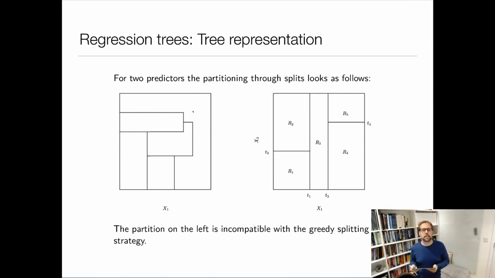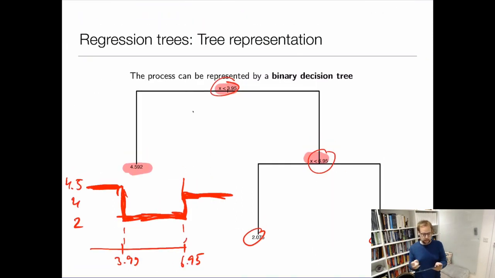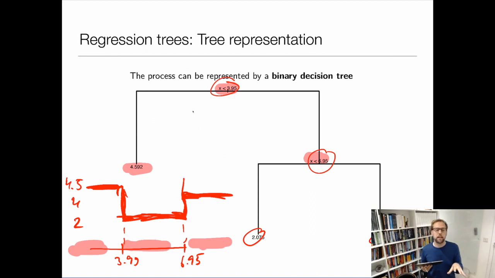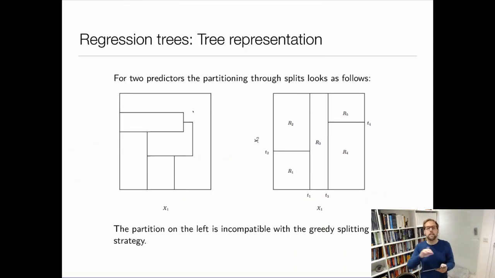What's quite important is to think about the regions in space which I can get. Here I can see I get those intervals for my constant values. Obviously, these are partitions of the predictor space. In this case, it's a 1D space, and I'm partitioning it into intervals. But if I have 2 predictor variables, I could ask myself how I can partition this 2D predictor space between x1 and x2. And what's important is that I can't get things like this one here.